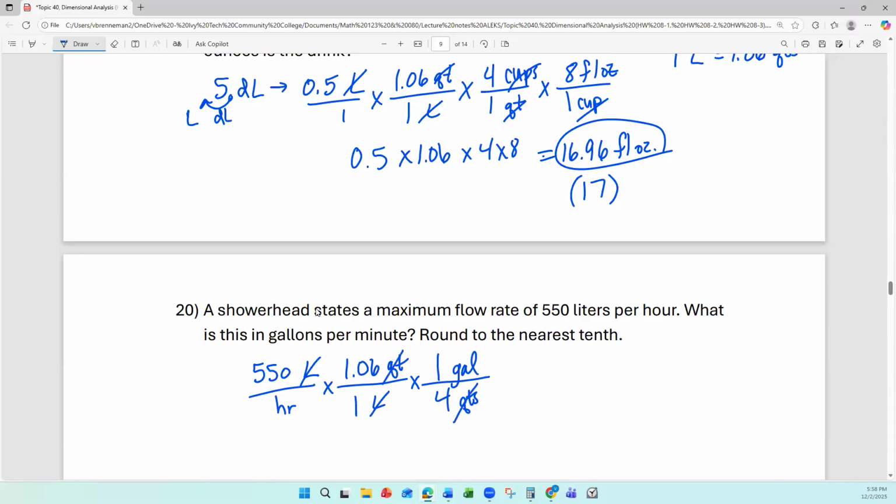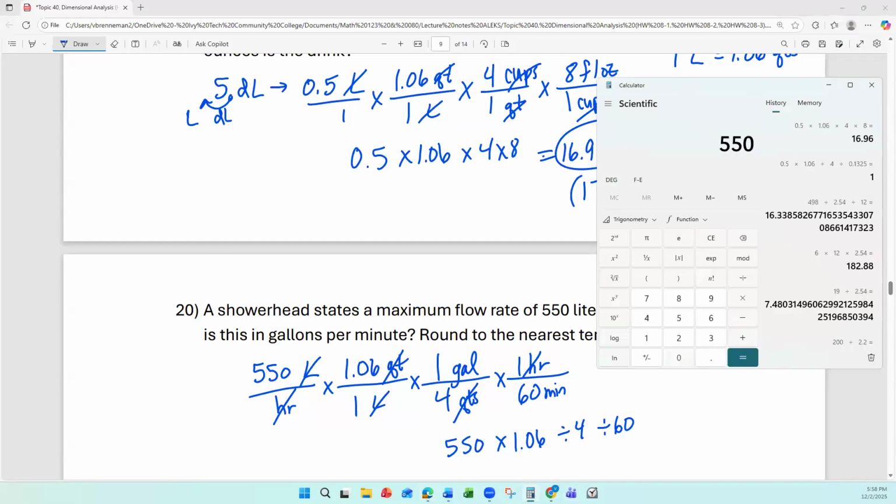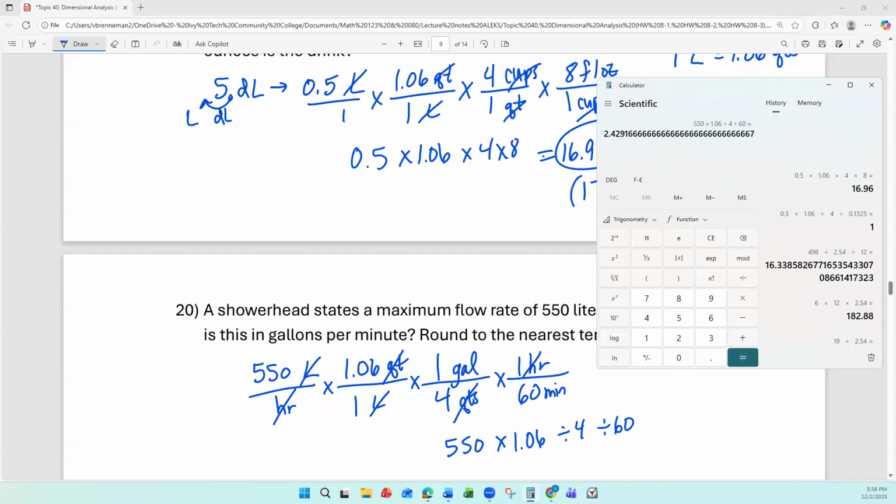Now we have gallons per hour, and let's turn that 1 hour on top to 60 minutes on the bottom so that the hours cancel, and now I have gallons per minute. So it's going to be 550 times 1.06 divided by 4 divided by 60, and it comes out 2.4.